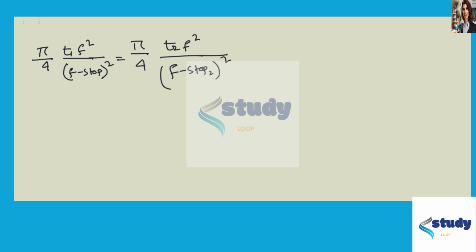Now we can get rid of a few things, for example, pi over 4 and F squared. So then we can find out the relation between T2 and T1.